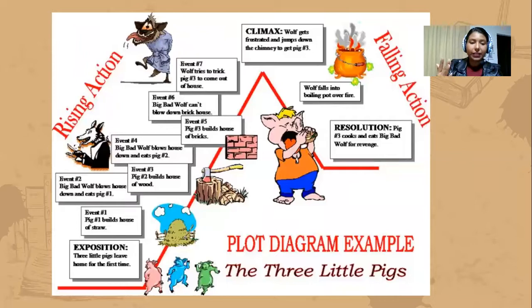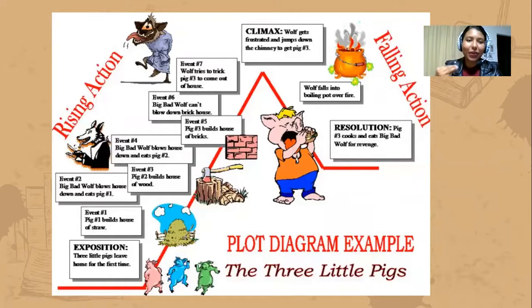Okay, the first event is that the first pig builds a house of straw. The second event is that the big bad wolf blows the house down and eats the pig. Okay, then we have the third event, that is that the second pig builds a house of wood, and it happened again.